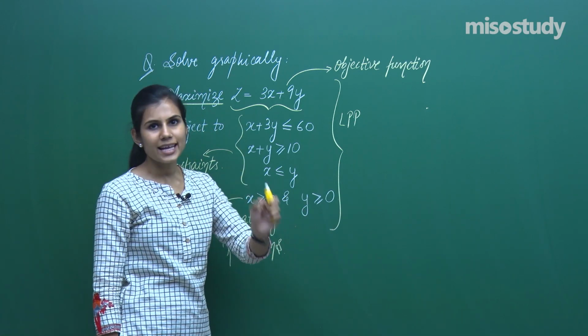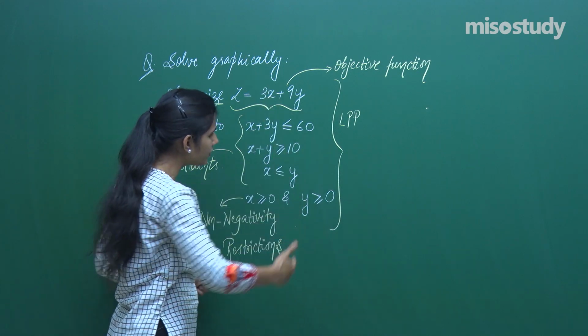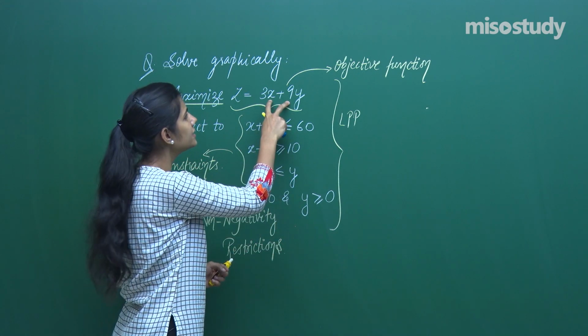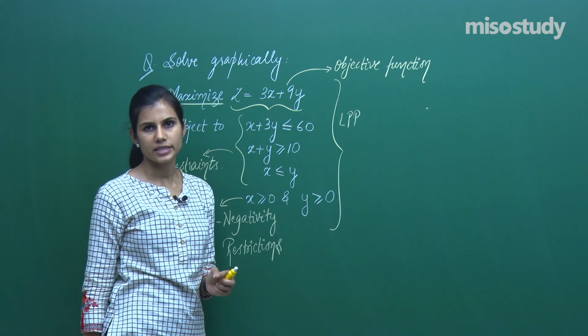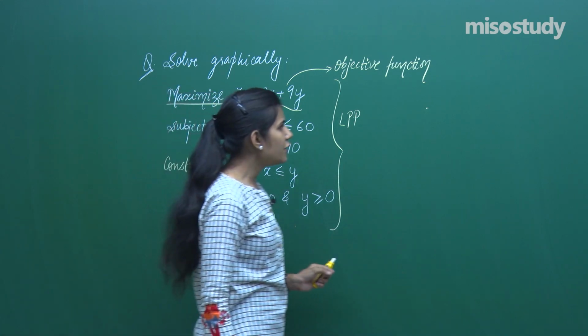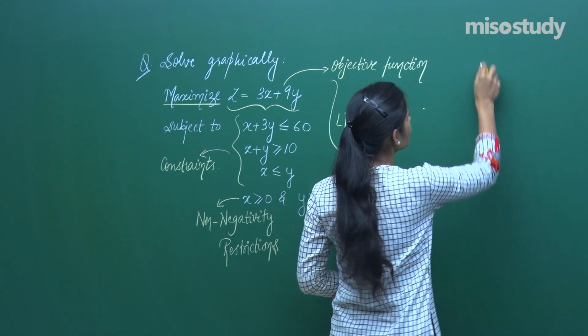So I want such an x, such a y which satisfies everything written over here, and when you plug it in here, you get the maximum value of z. Obviously, we will be adopting the corner point method to solve it.